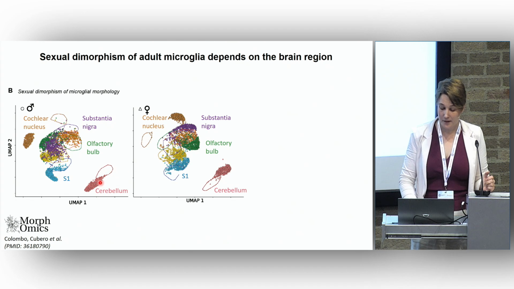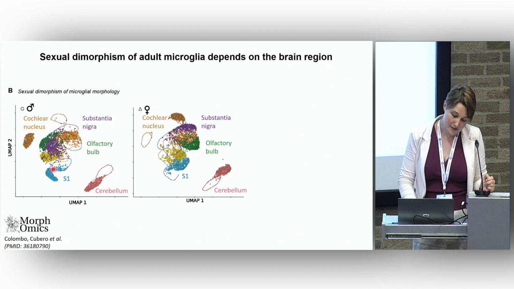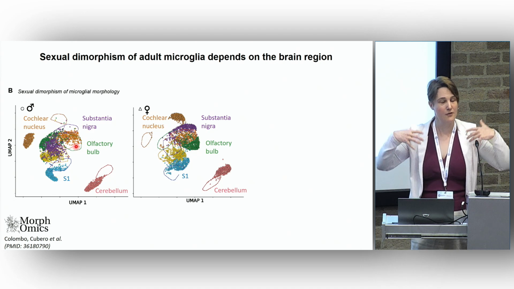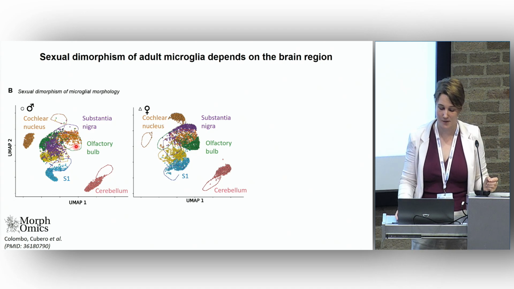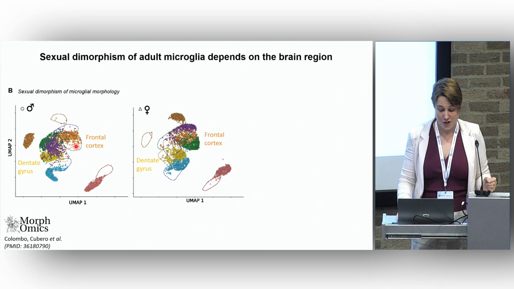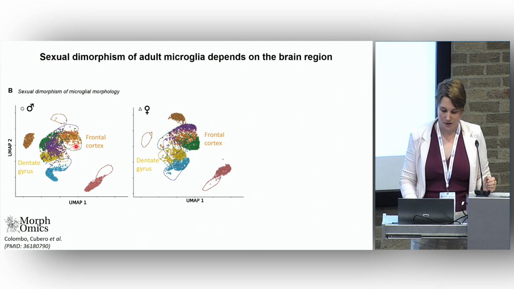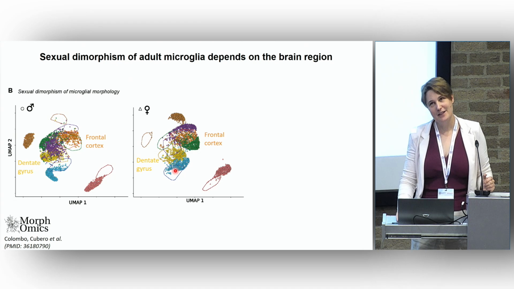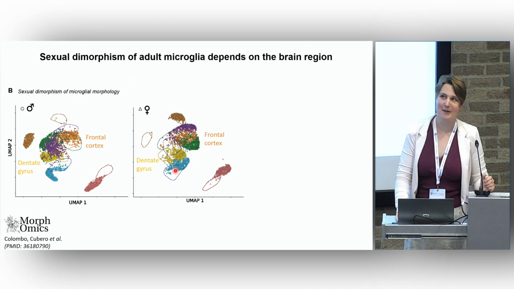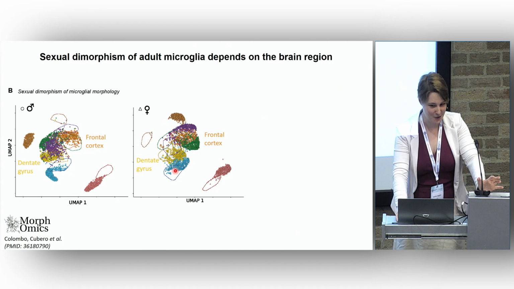The cerebellum shows sex differences, as do the somatosensory cortex and the olfactory bulb. So the microglia have a signature that suggests sex-specific differences, which is less dominant in the frontal cortex or in the dentate gyrus.